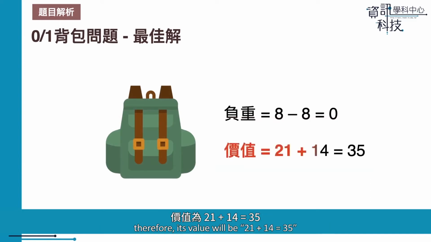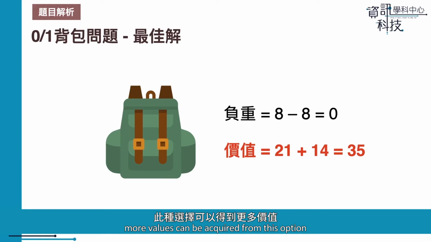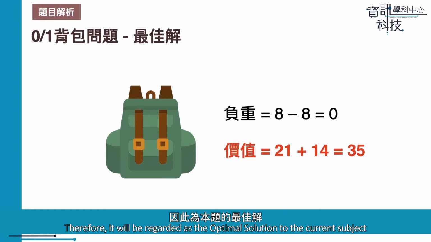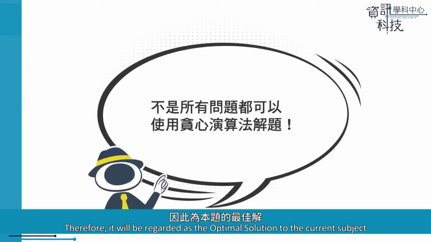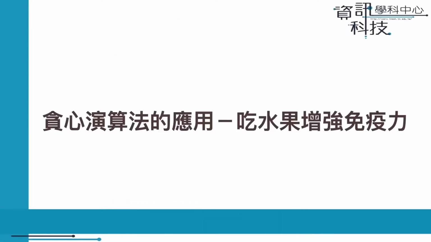Therefore, its value will be 21 plus 14 equals 35. Compared to the value of 33 acquired from greedy algorithm, more values can be acquired from this option. Therefore, it will be regarded as the optimal solution to the current subject. Not all problems can be solved with a greedy algorithm.